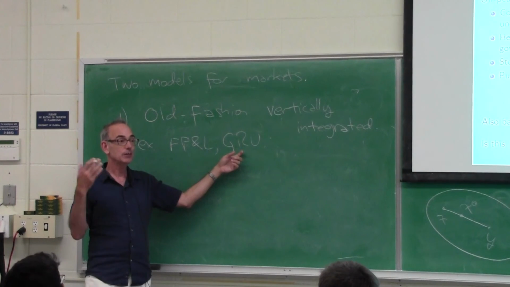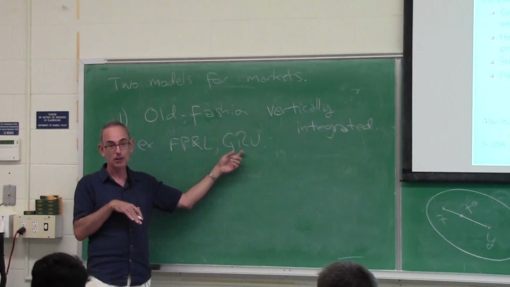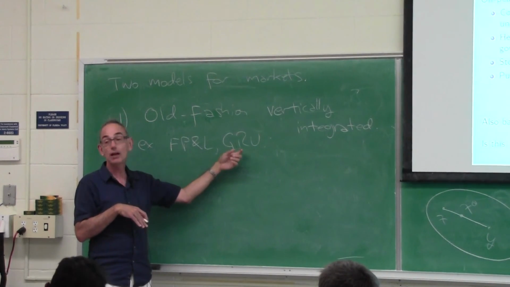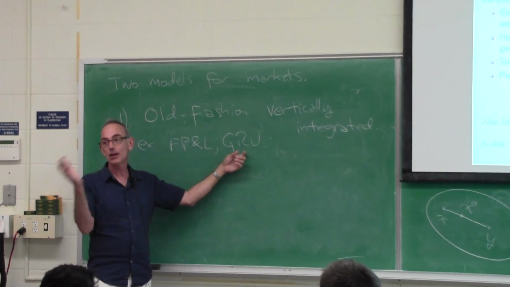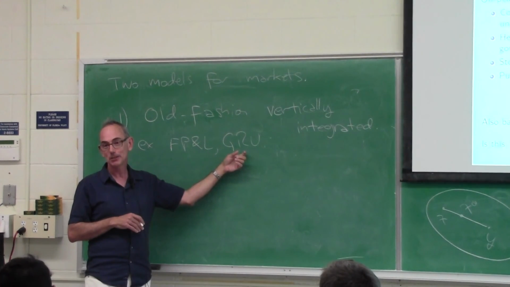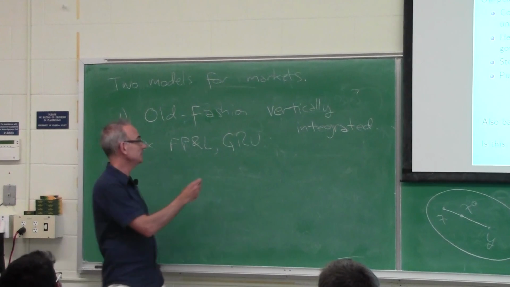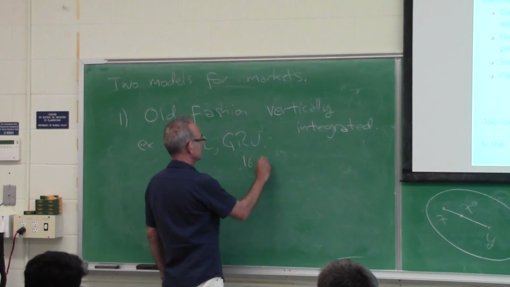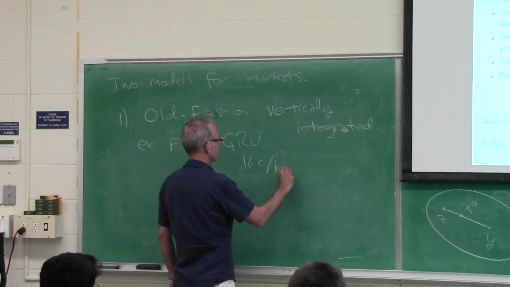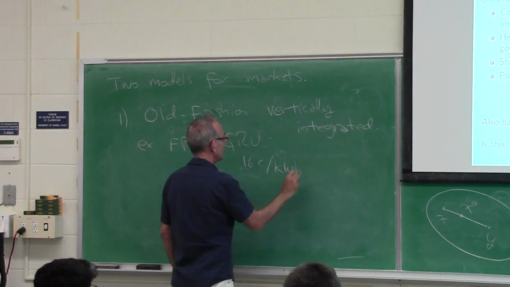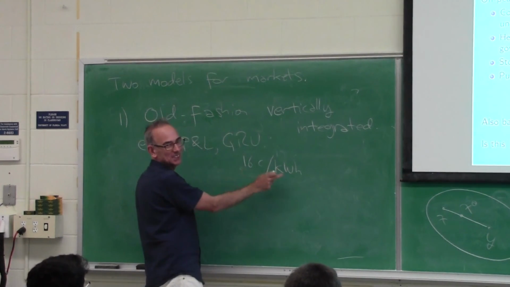They prove to the state that that's what the people of this community want. They spend a lot of money to make it happen, and they get rewarded with rate hikes. And that's meant like 16 cents a kilowatt hour.